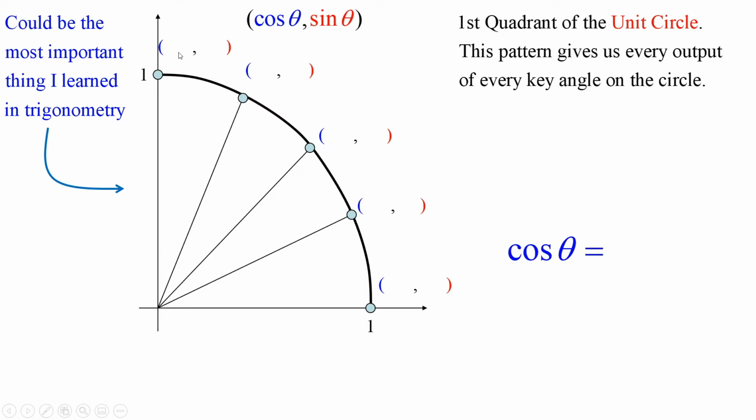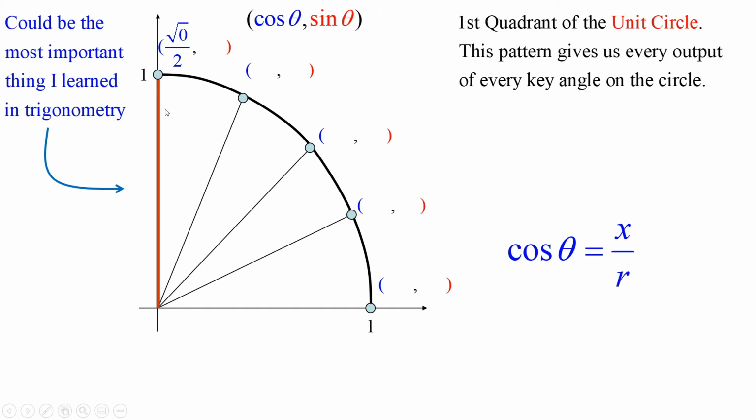Cosine of theta is x over r, and r is 1, so cosine of theta is just x, and that's going to be 0. And I'm going to write that 0 as root 0 over 2. Why does cosine of this angle equal 0? Well, cosine measures horizontal distance, or my x, and x is 0 at that point.